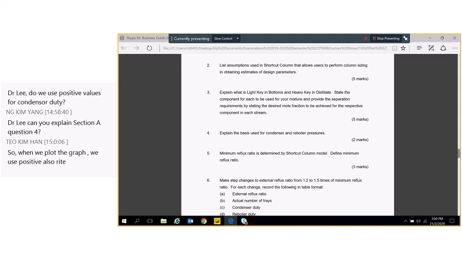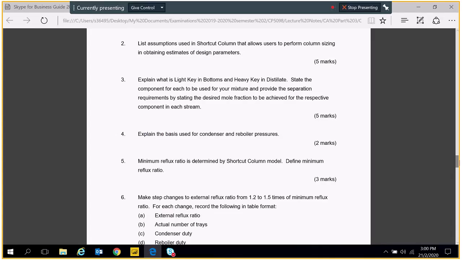Explain the basis for condenser and reboiler pressure. The basis here is that the condenser and reboiler pressures are constant, and there's no pressure drop. Why is there no pressure drop?